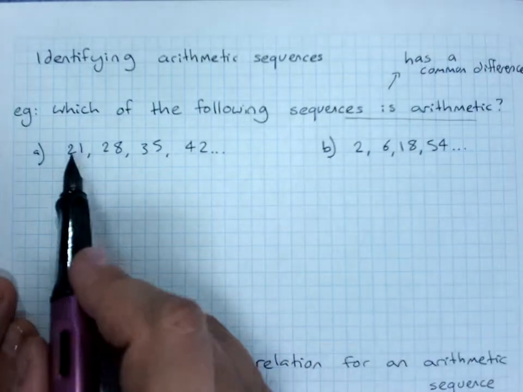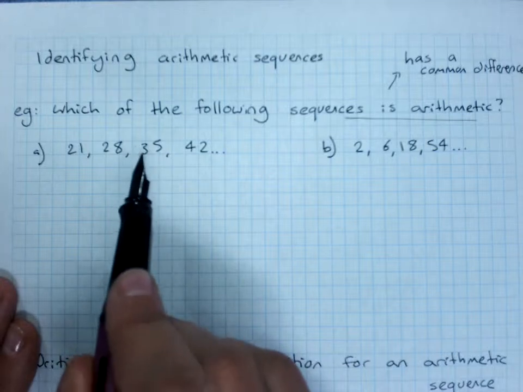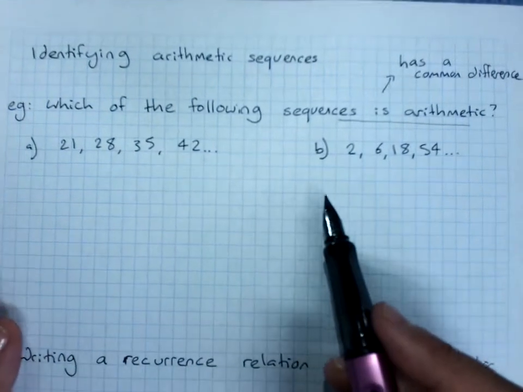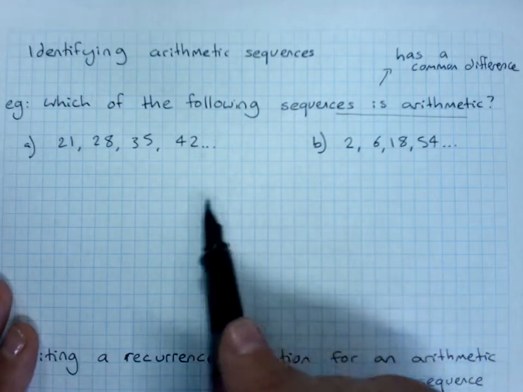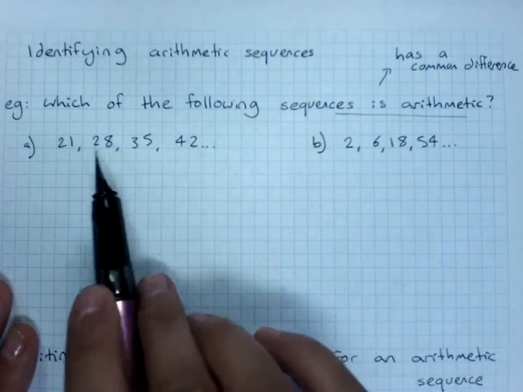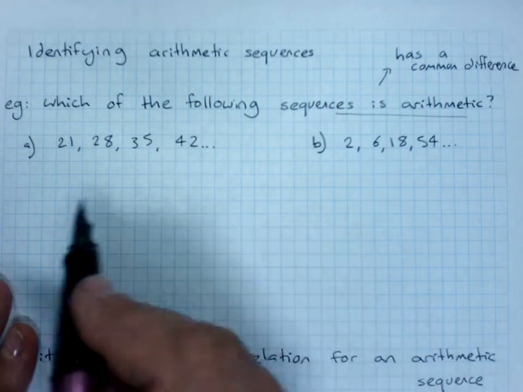That is, the difference between term 1 and 2 is the same as between term 2 and 3 is the same as between term 3 and 4. So if you want to show that a sequence is arithmetic, you have to check the common difference, or the difference between each pair, to show it's a common difference.